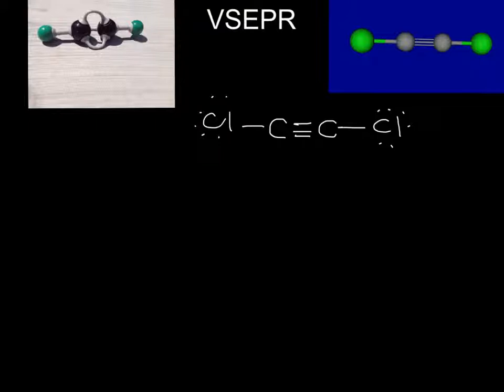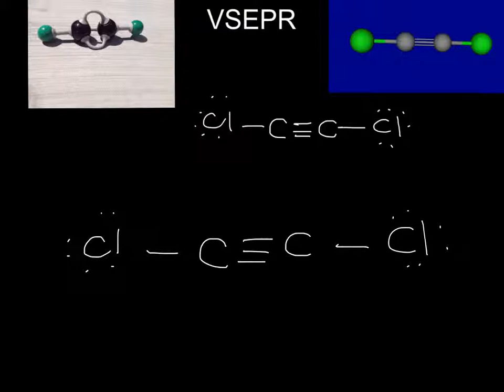But in total, it actually has only 2 bonding electron pairs, since this is a bond and this is a bond, meaning that this is going to be a linear shaped molecule, which also means that our VSEPR is going to end up being the exact same as our Lewis structure.